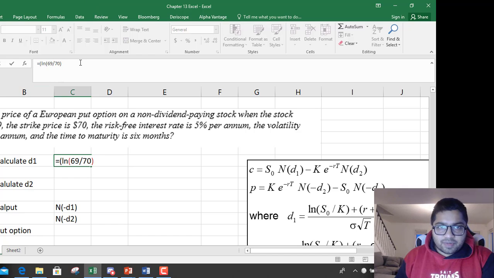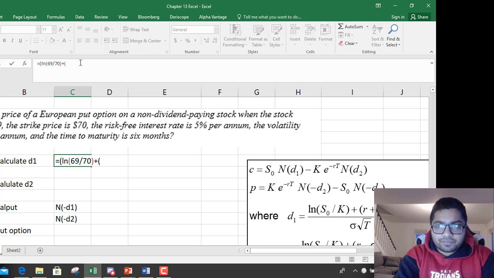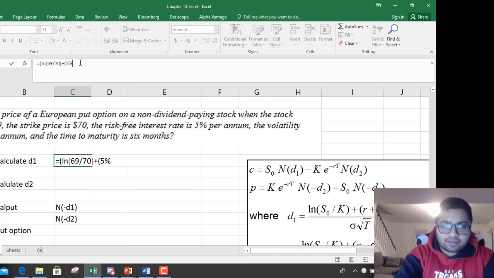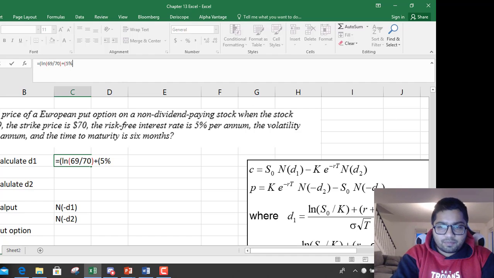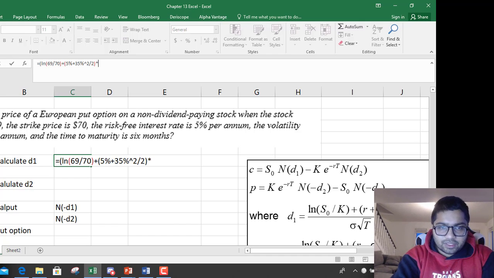Okay, so the first bracket plus R is 5%, risk-free rate is 5%, plus sigma squared, so 35% squared, by 2, and this multiplied by T. T is 0.5.